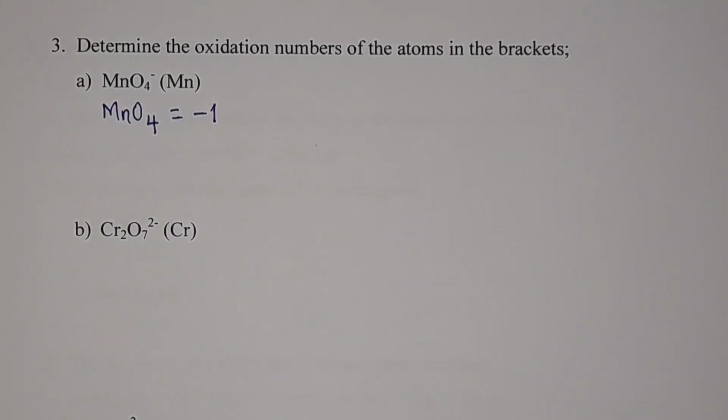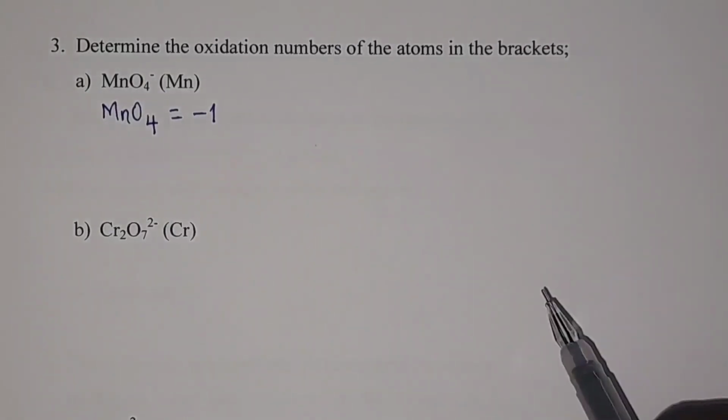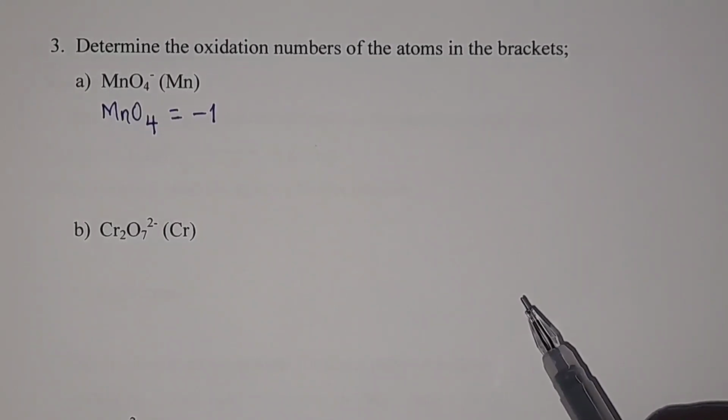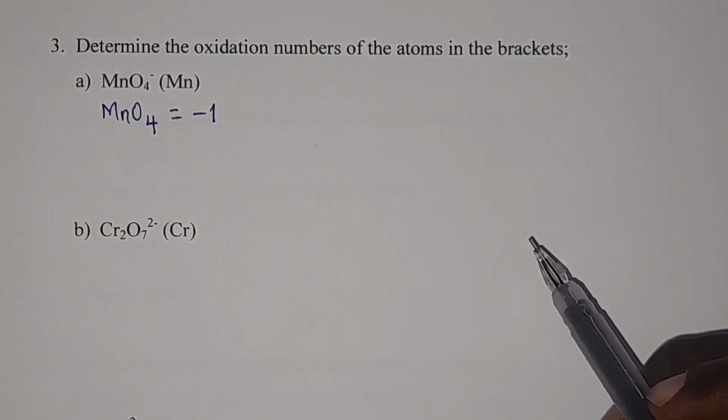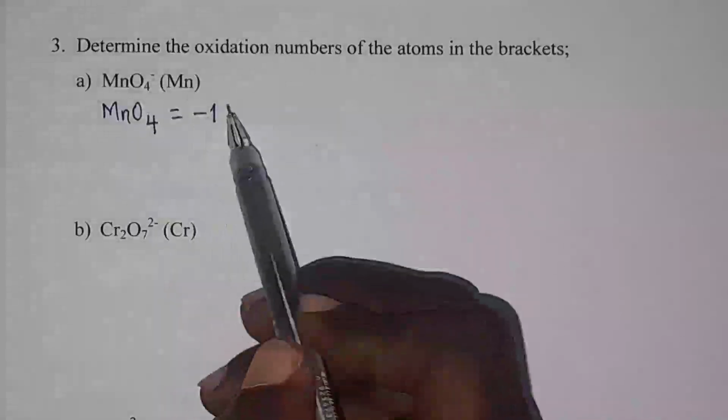In the last rule, we said in ions containing more than one element, the overall charge is equal to the sum of the oxidation numbers of the constituent elements. So the overall charge here is -1.